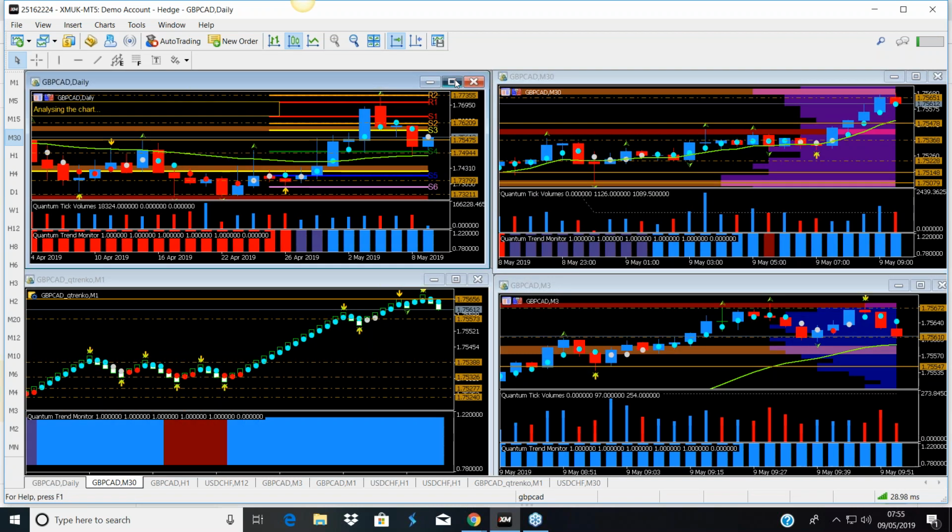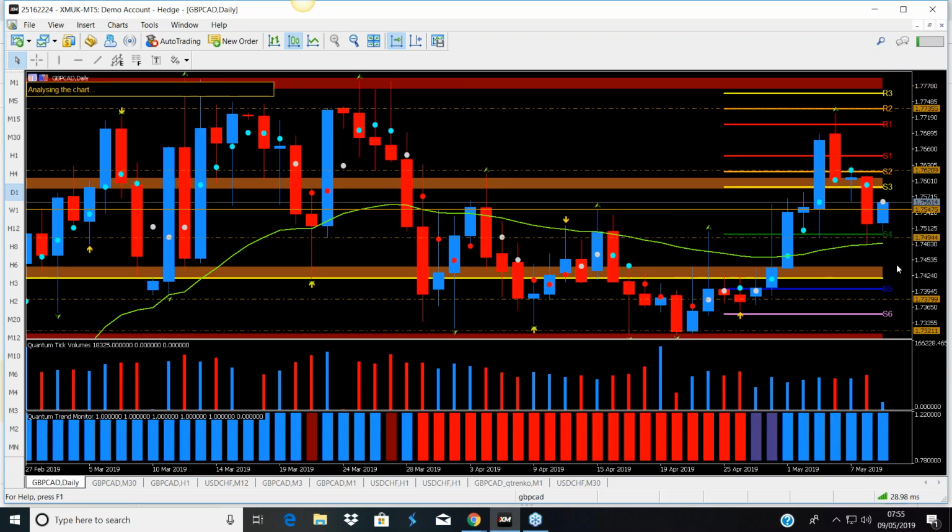And we also look at the daily chart. The daily chart gives us context. It also gives me, and us, the Quantum users, the important levels from a support and resistance perspective, and it's actually bounced off this key level here, the S4. If we look at yesterday's candle, this is the buying that came in before yesterday's close, and this has actually carried on.